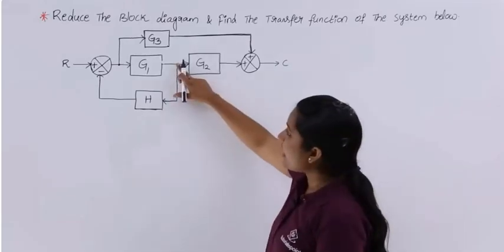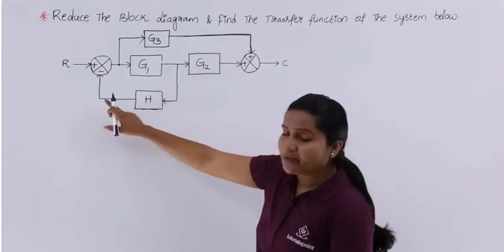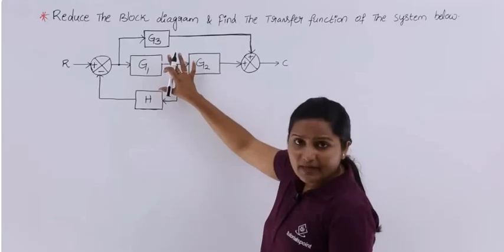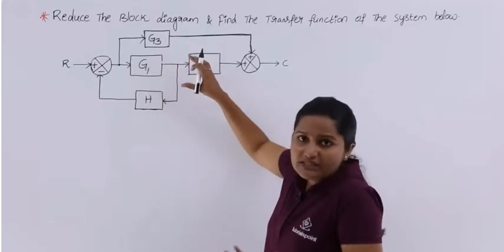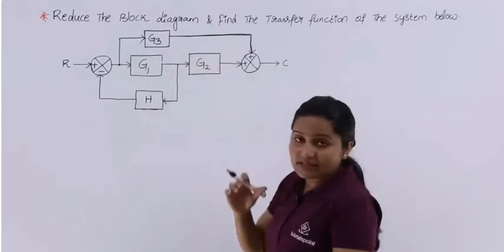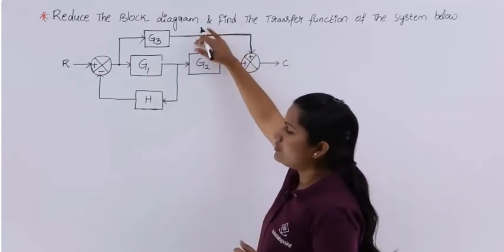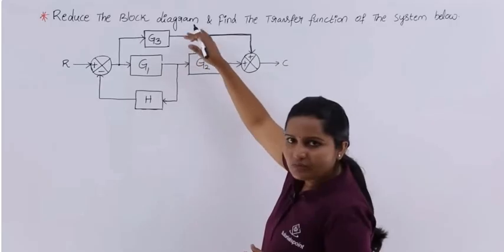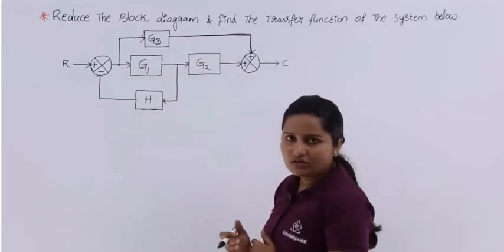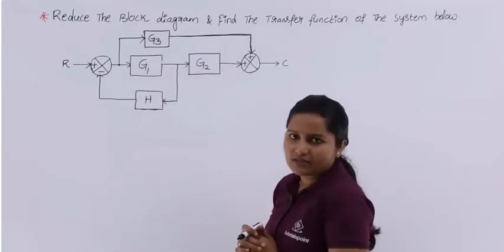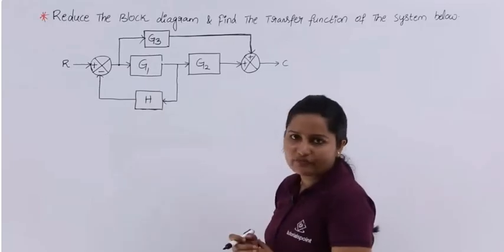But here you have a disturbance due to this feedback path. Because of this feedback path, you don't know the effect of this feedback on these gains. So that's why you can't do this parallel block reduction first.